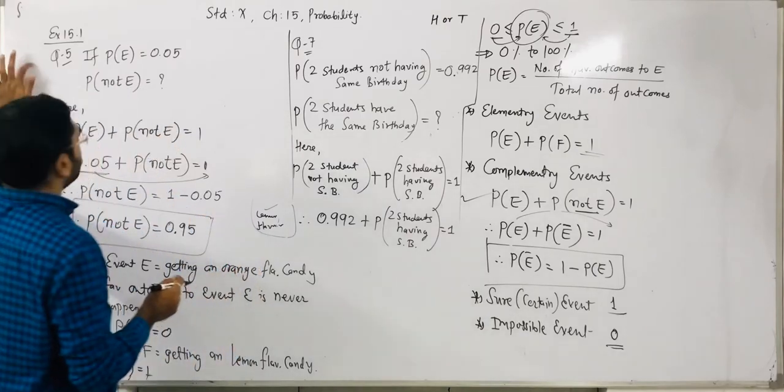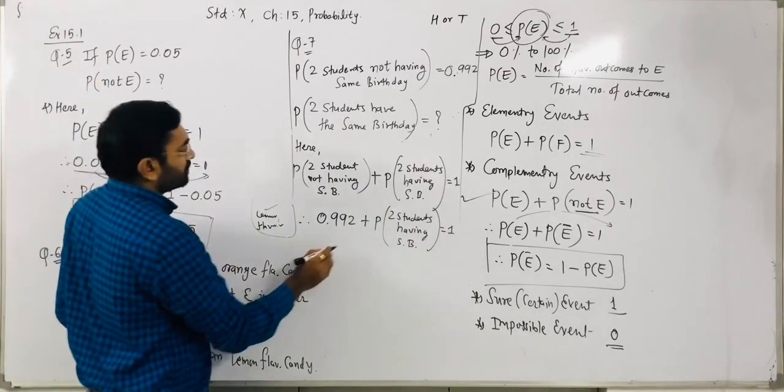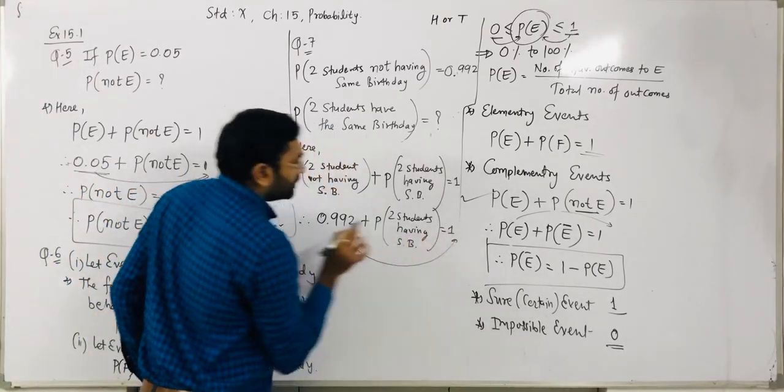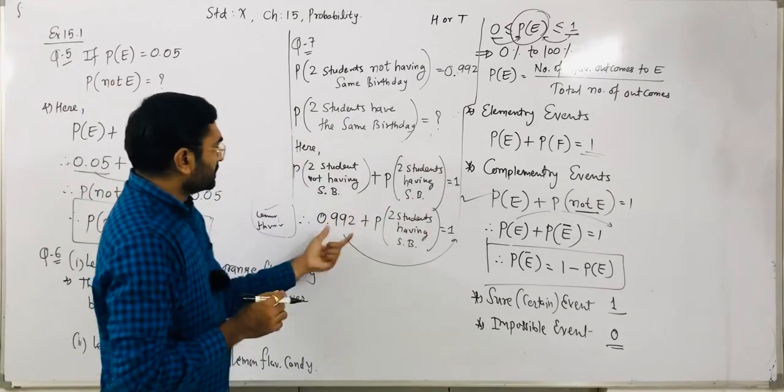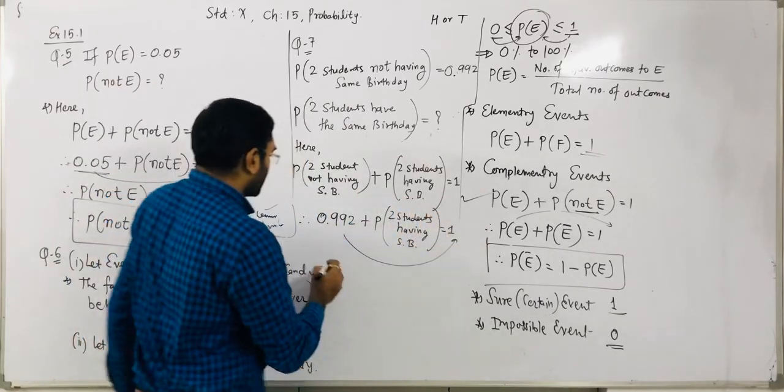Similarly, as we solved question number 5, in the same way we have to solve question number 7. That 0.992 goes to the other side. Here it is a plus sign, so it will become a minus sign, right?